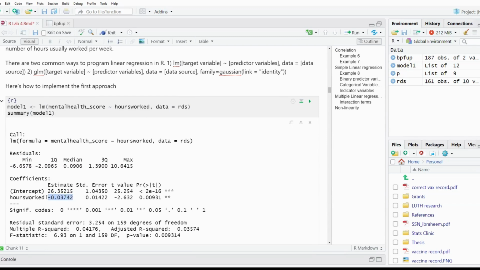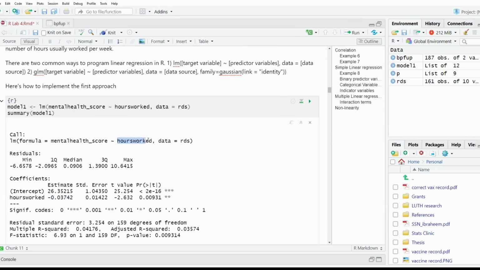This is the magnitude. This beta 1 tells us that if you increase the number of hours worked by 1, the mental health score changes by this much. Let me take that again.